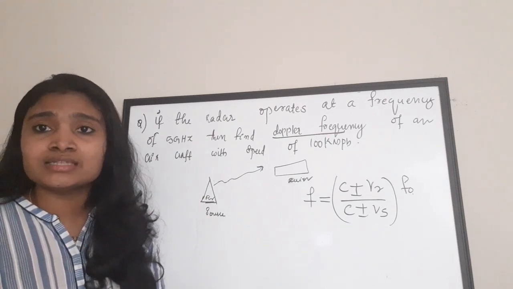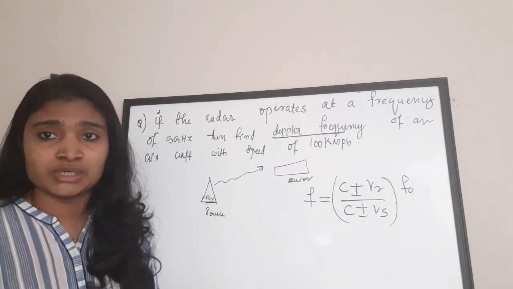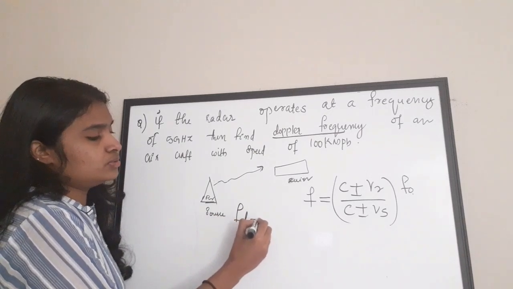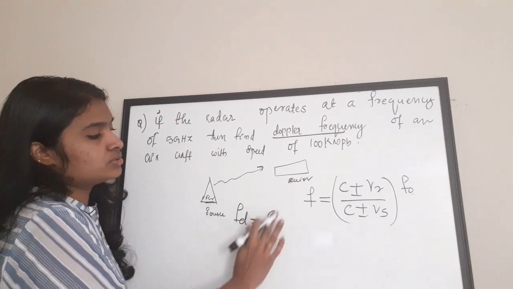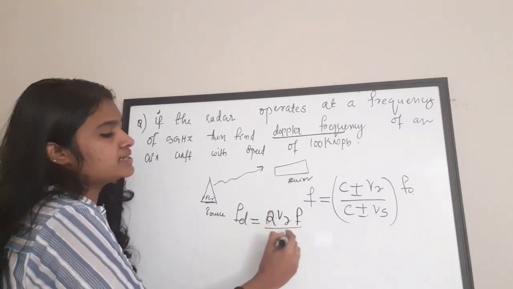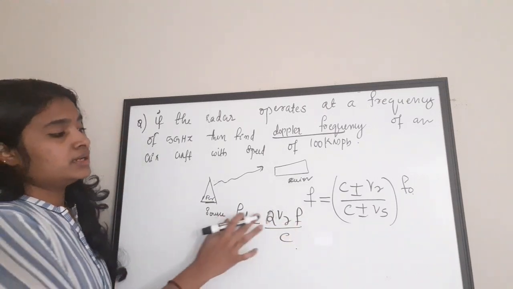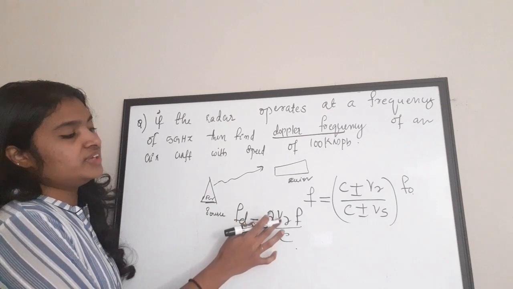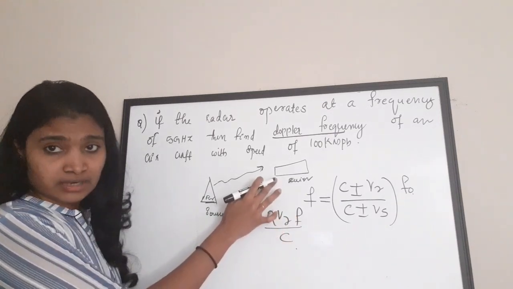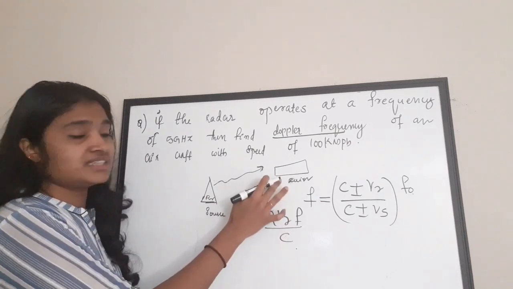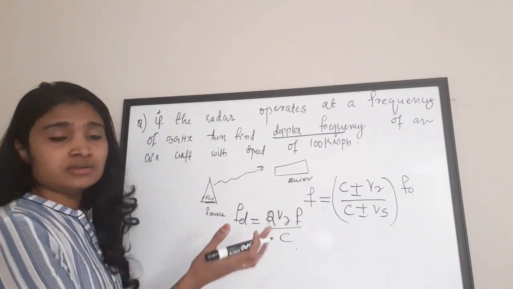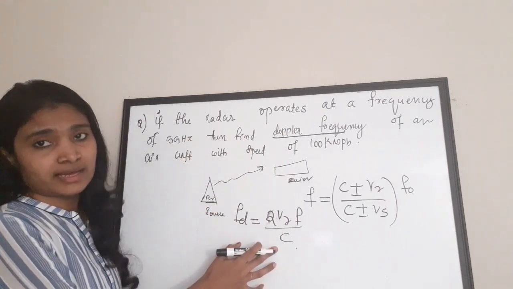For that case, we can use another general equation, which is given by Fd = 2 × Vr × F / C. Here Vr is the speed of the aircraft, because here the receiver is the aircraft, F is the original frequency of operation, and C is the speed of light.